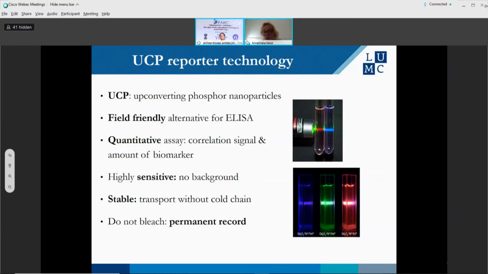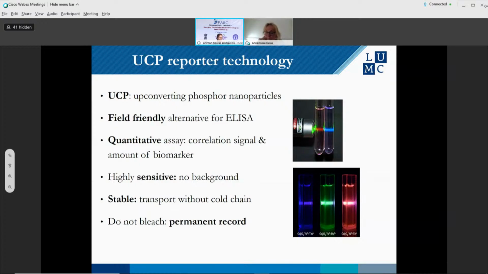Rare earths have a crystal structure, and if you put infrared light on the crystal structure, it will emit light with a higher energy. This is then picked up as the signal in the UCP reader. Therefore it's also called upconverting, because it converts light with a lower energy to light with a higher energy, going from infrared light to the visible spectrum.